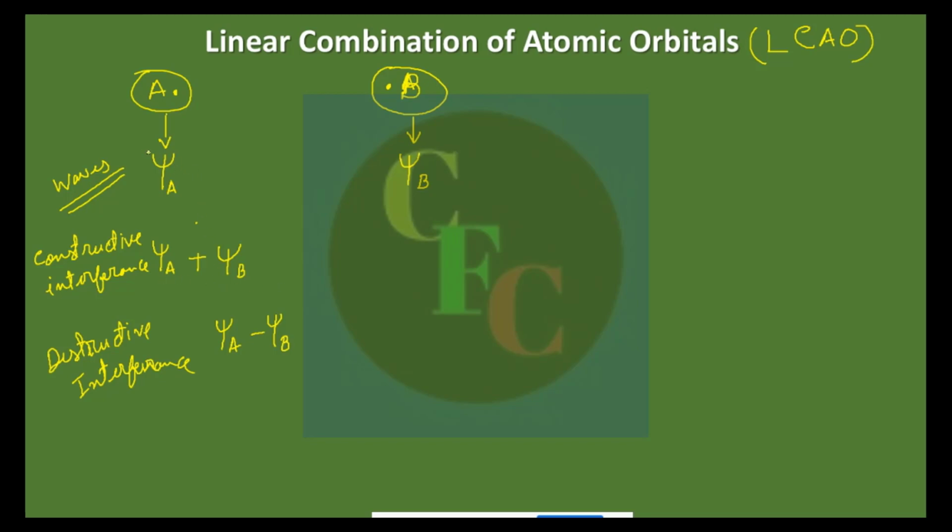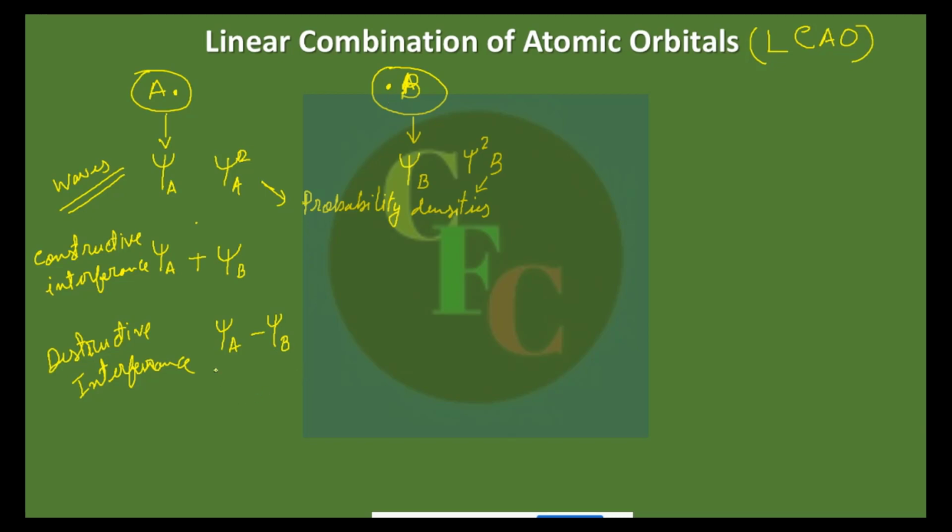See, what we know from our previous lectures is that psi A itself does not carry much meaning, but psi squared A does, and psi squared B does. These are the probability densities, of the electron associated with A and of the electron associated with B respectively.